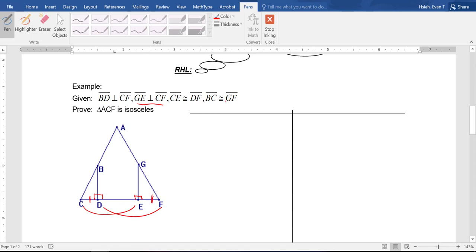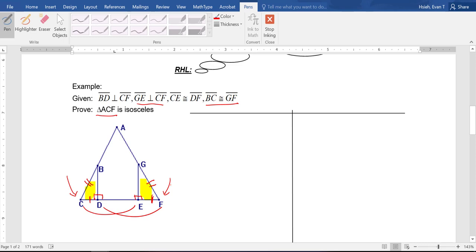And BC is congruent to GF. So I know that this is congruent to this. It looks a whole lot like these triangles down here are the ones that I'm going to be proving congruent. And once I get that, it looks like if I want to prove ACF isosceles, I just need the base angles C and F to be congruent to each other.